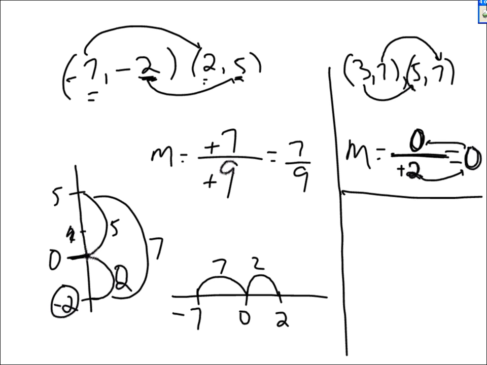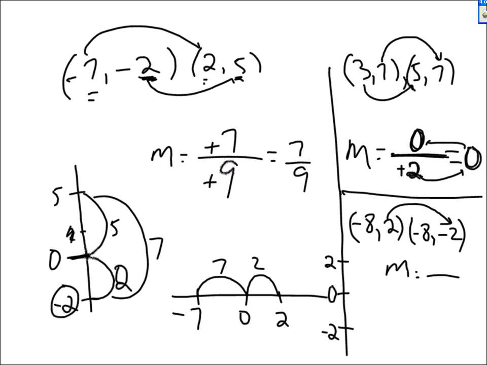What if you have negative 8, 2, and negative 8, negative 2? Well, the change in y: you went from 2 to negative 2. Say hello to 0.